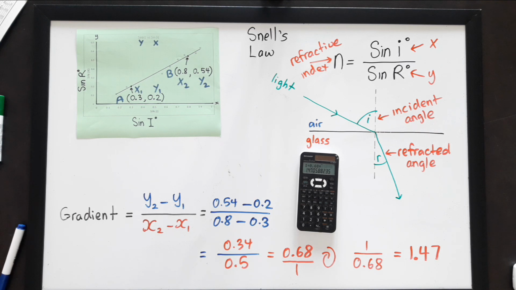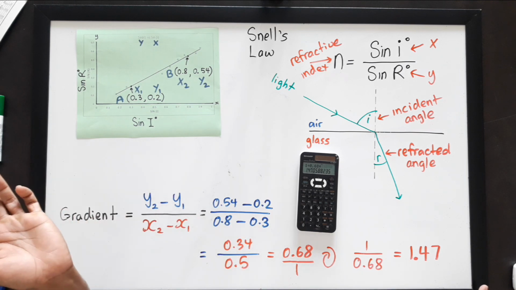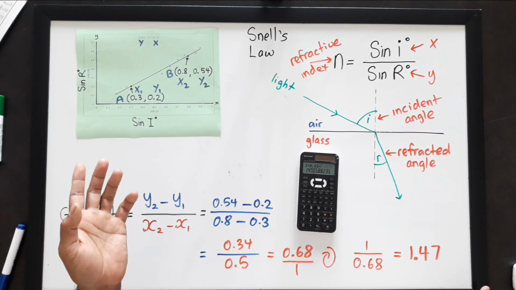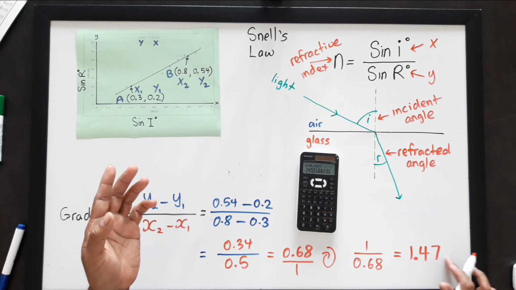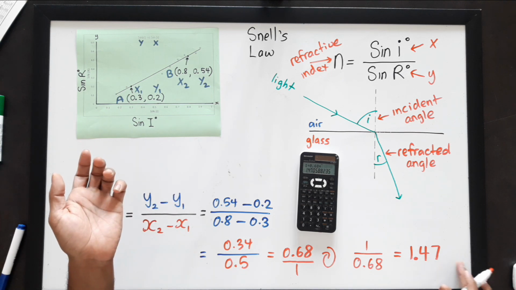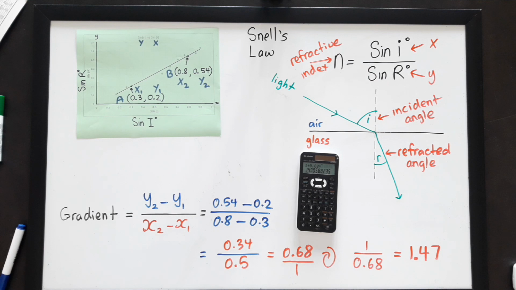And it's very important to note that a refractive index does not have any units. Unlike the other two previous examples, remember the K, the spring constant, had a unit, and then density also had a unit. Refractive index, and your teacher will mention it, does not have any units. So the final answer for the examiner is 1.47. Right, let's do another example.